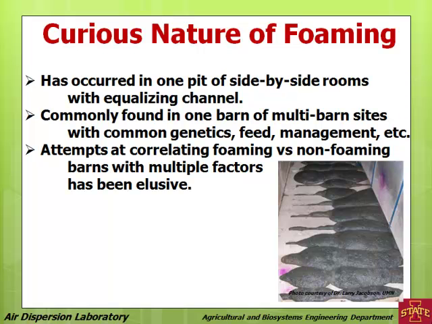So we, of course, have tried to take surveys, trying to figure out foaming versus non-foaming barns. Give us all the information you can. Is there something that correlates between the two? And quite frankly, we have yet to uncover the root cause.